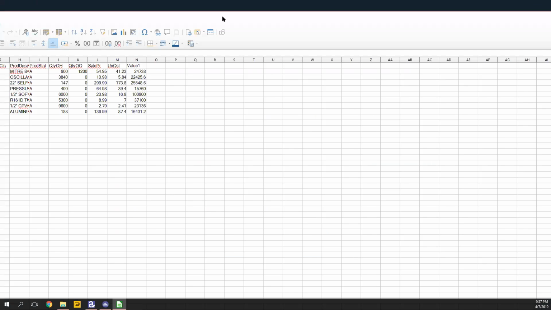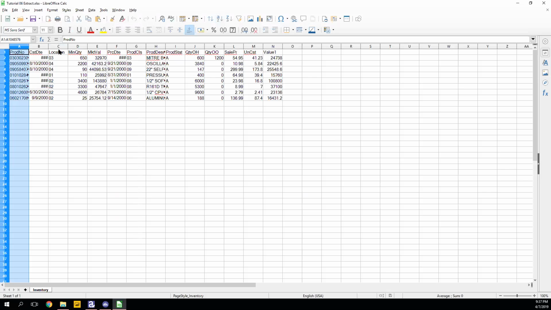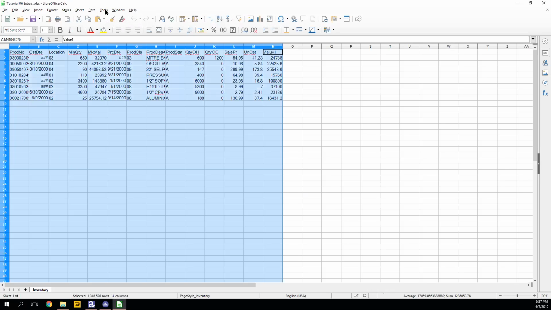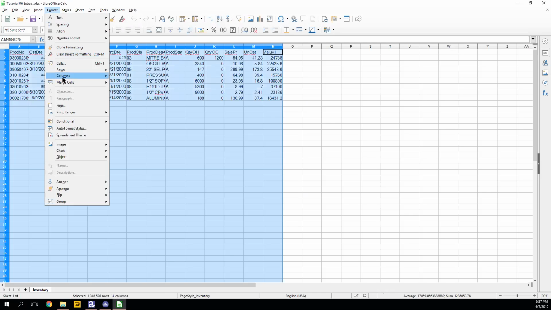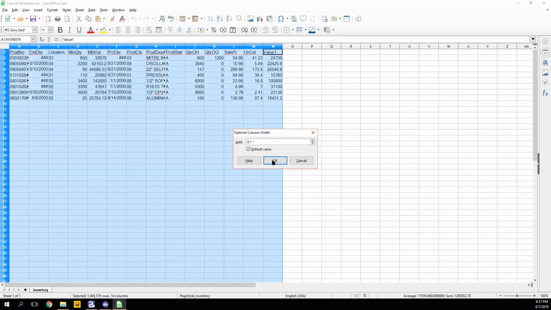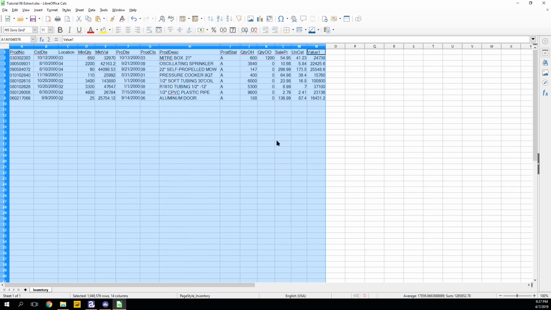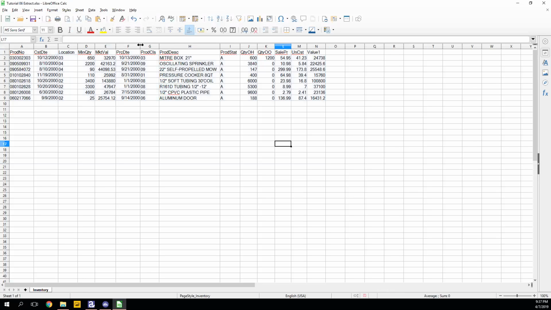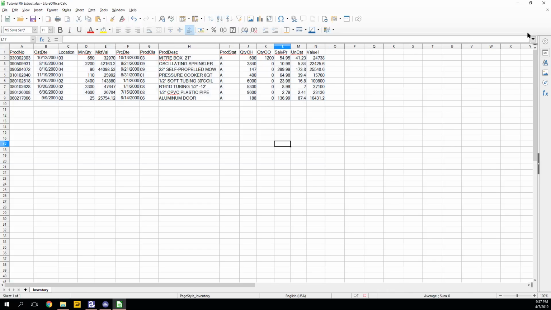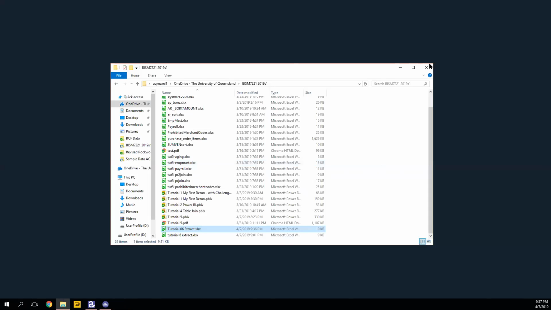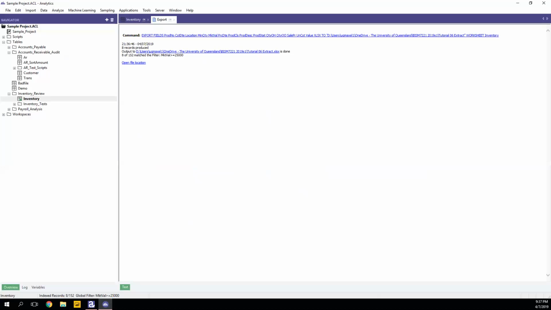Bring that over to here. There's my spreadsheet. Format, columns, optimal width. Okay, so I've got everything in here that's on my board. I can manipulate that using Excel if I wanted to. I don't want to. Go back to ACL.